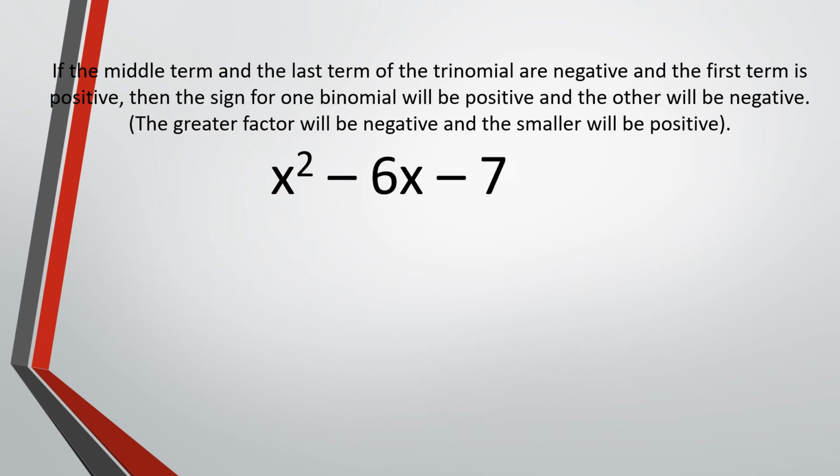Alright, now this one. The middle term and the last term are negative, but the first term is positive. Now, one binomial will have a positive sign and the other will be negative.